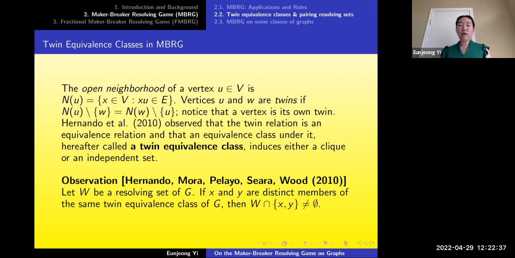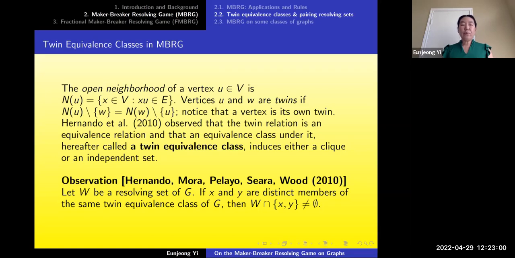Hernando et al. observed that the twin relation is an equivalence relation, and that an equivalence class under it, hereafter called a twin equivalence class, induces either a clique or an independent set. This is an observation due to Hernando, Mora, Pelayo, Seara, Wood.